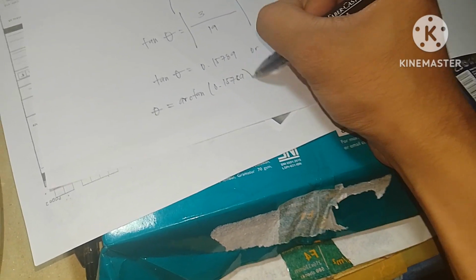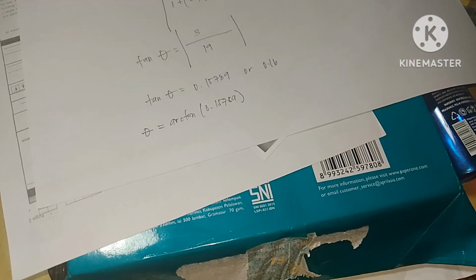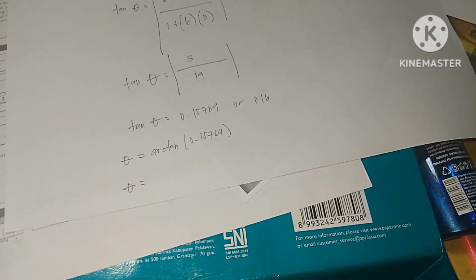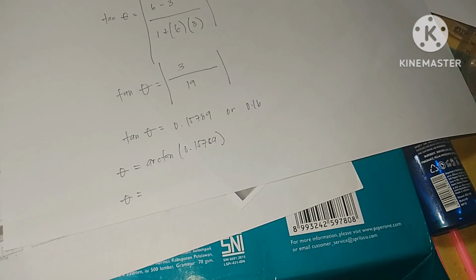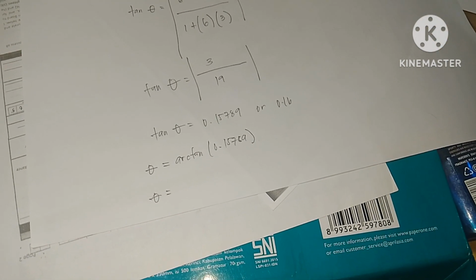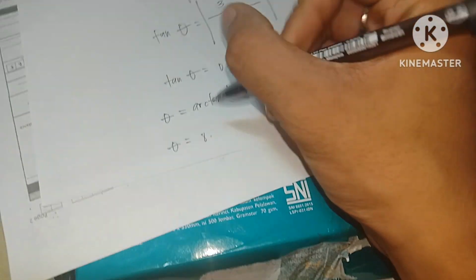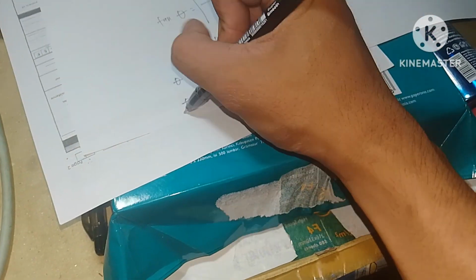Using the scientific calculator, we use shift tan, then 0.15789, and we will get the answer 8.97 degrees. So this is the angle between the two curves.